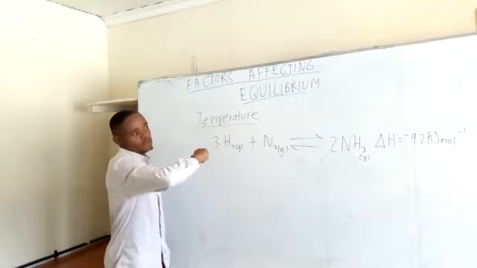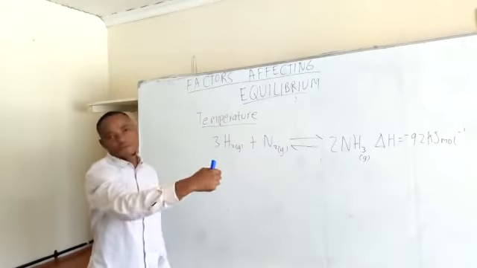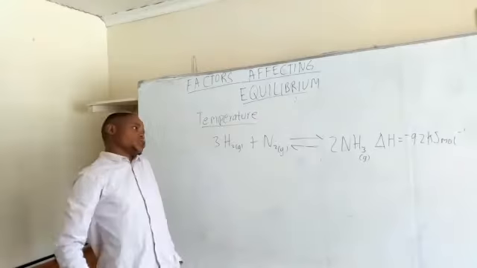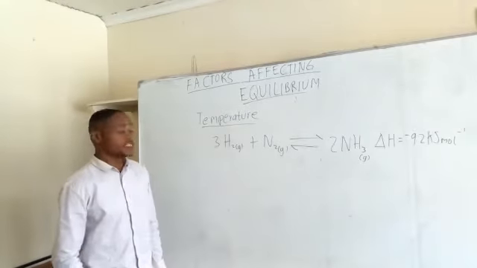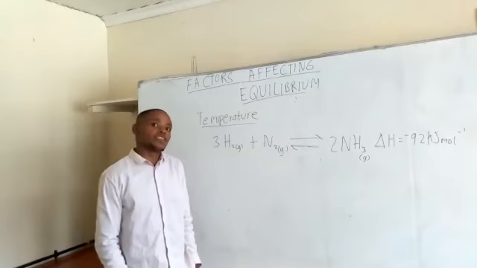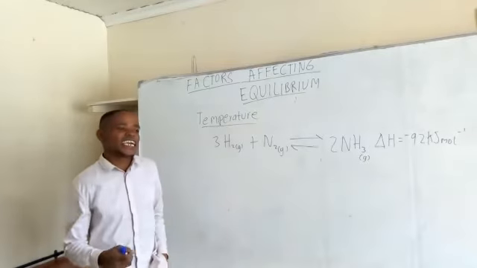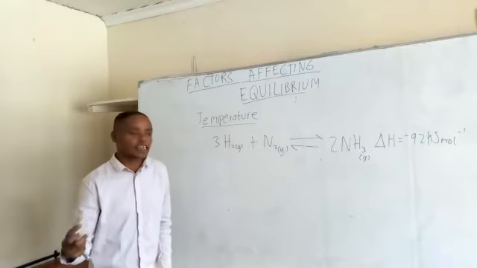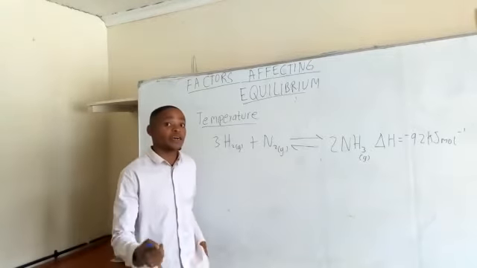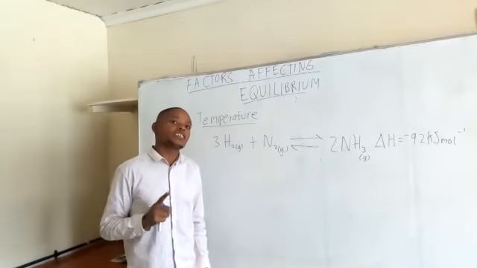Of course, if the forward reaction is exothermic, then the backward reaction should be the opposite, an endothermic reaction. So generally, if a reaction is exothermic, then an increase in temperature does not favor that reaction, because remember, the reaction is producing heat.